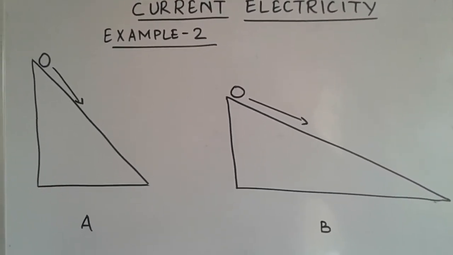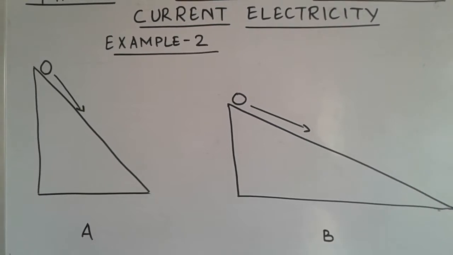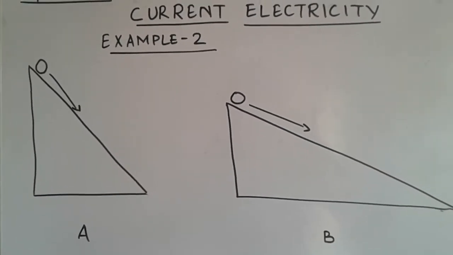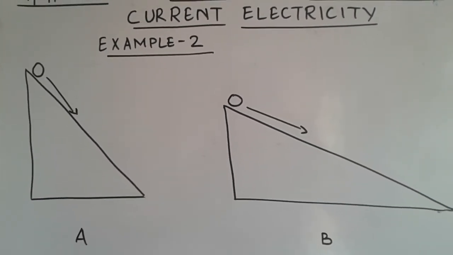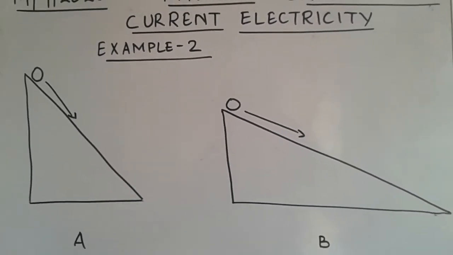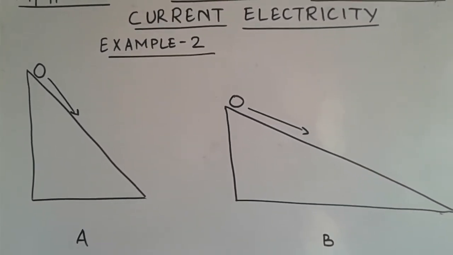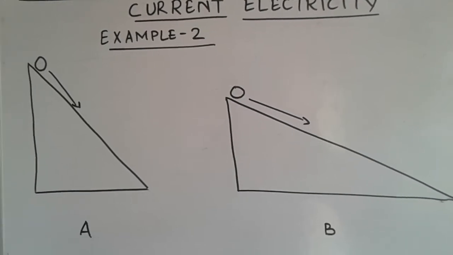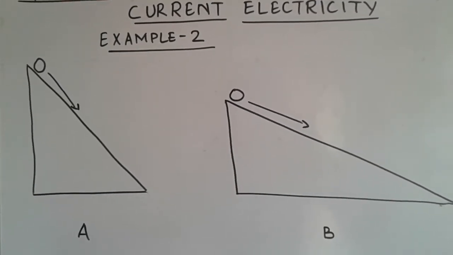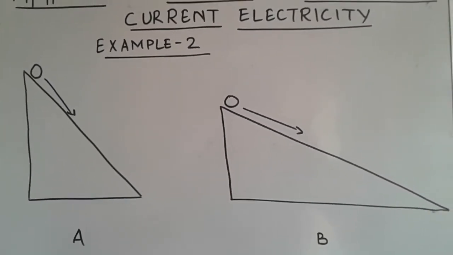Of course, the speed of the ball which is kept on block A will be greater because the steepness is quite more as compared to block B. So the variation in the speed will be because of the difference in the angle.